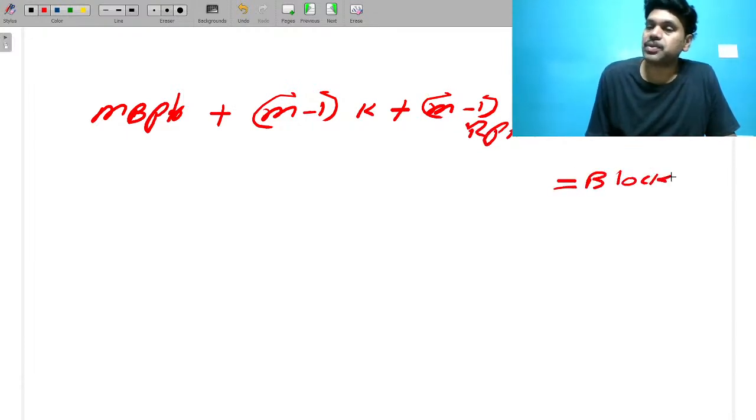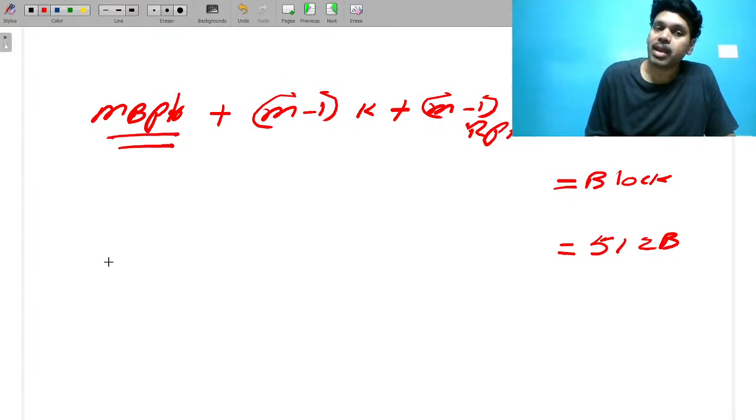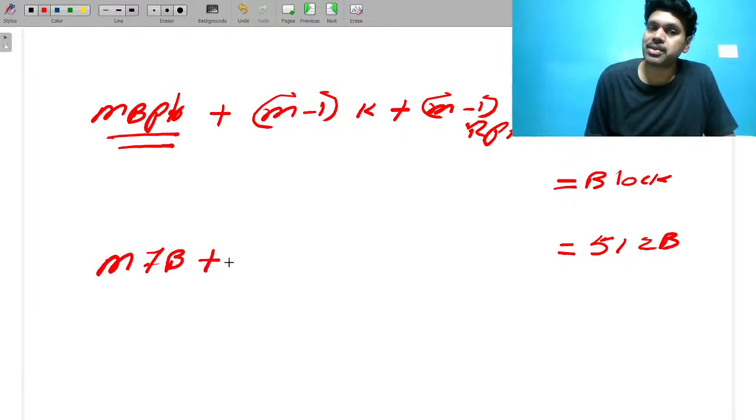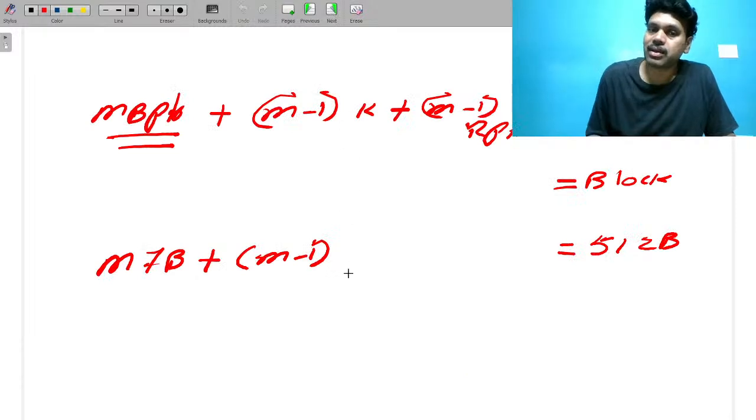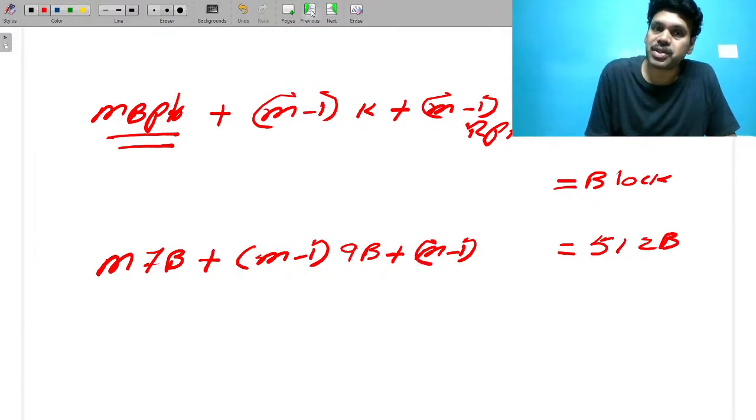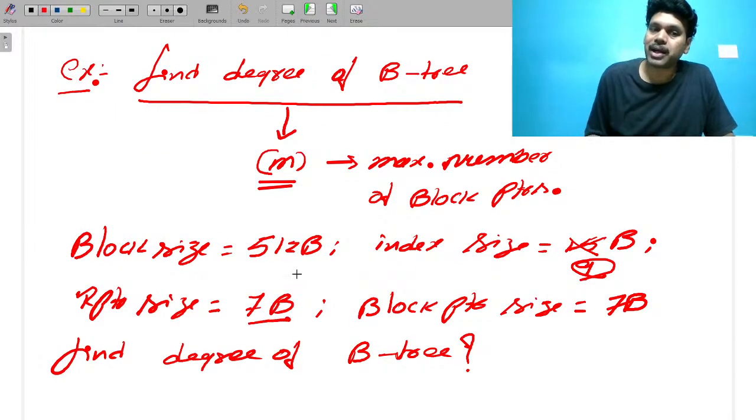So according to that, he mentioned the block size is 512 bytes. The M value we don't know, we need to find the M value, and the block pointer size is mentioned as 7 bytes, and the m minus 1 key size is given as 9 bytes, and the m minus 1 record pointer size is also mentioned as 7 bytes.